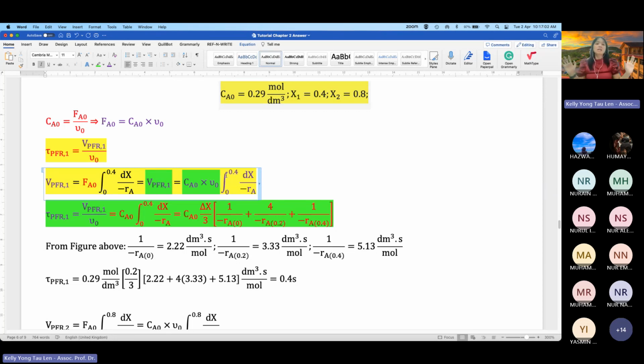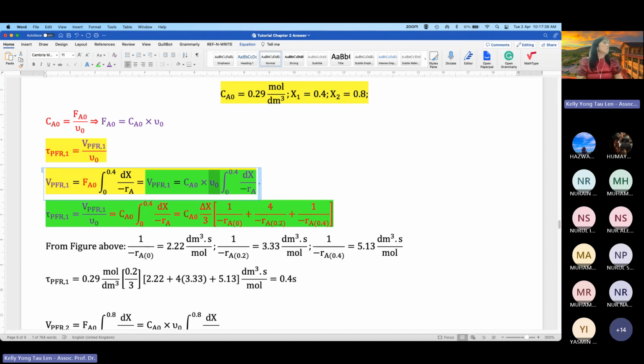The integration part at the back is still there; we don't touch the back part. Okay, so when we have this correlation, you can see on the right side I have volume PFR1, and on the left side I have CA naught multiply with epsilon naught multiply with the integration part. So if epsilon naught on the left I bring to the other side, it automatically becomes the denominator, right? Because when it's at the top on one side and you bring it across to the other side, it will be at the bottom.